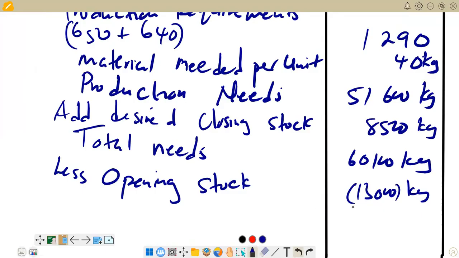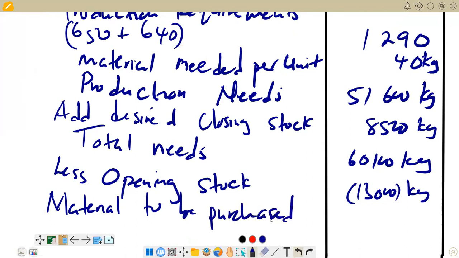After subtracting there, we now get the material to be purchased. So we are now saying 60,100 minus 18,000. Then the figure that we are going to get is 47,100 kgs.